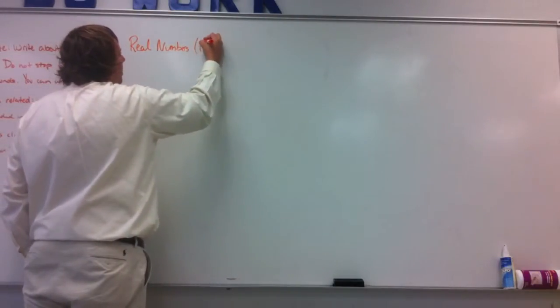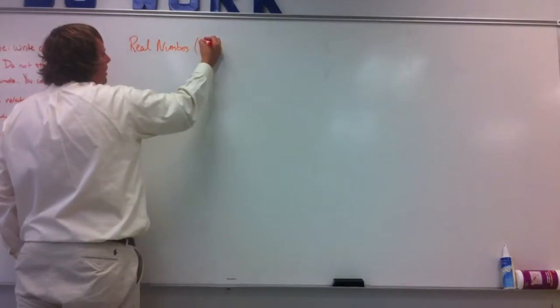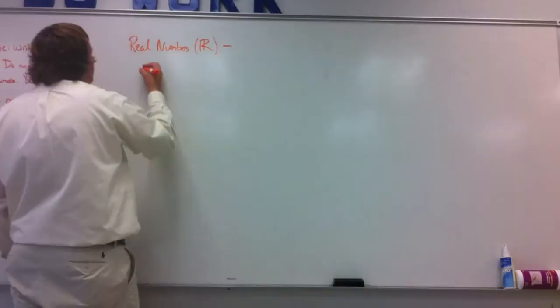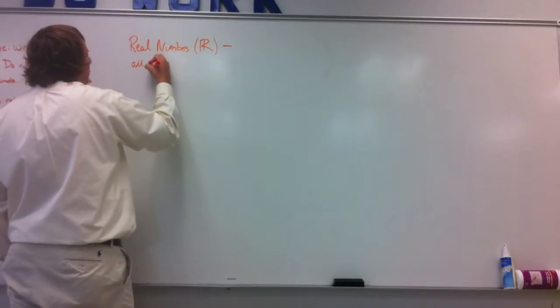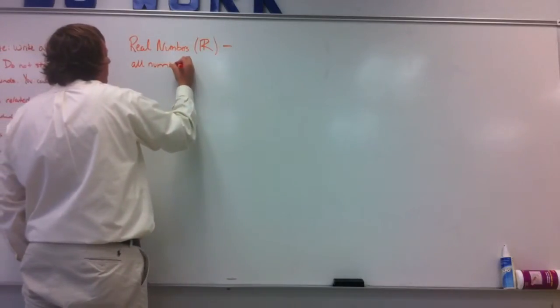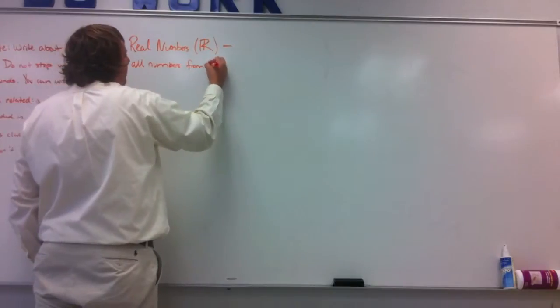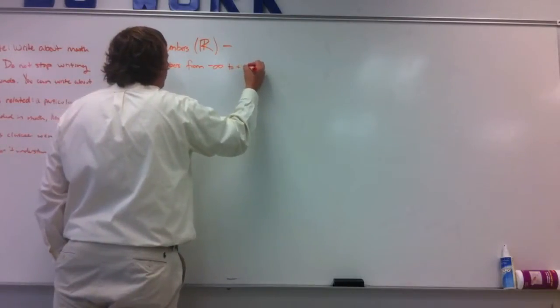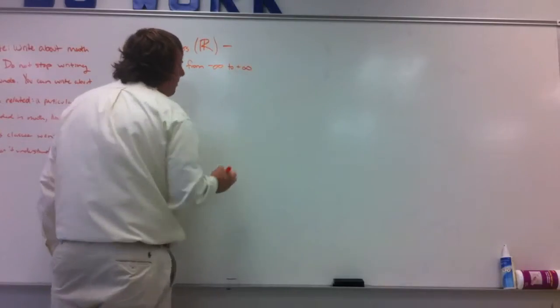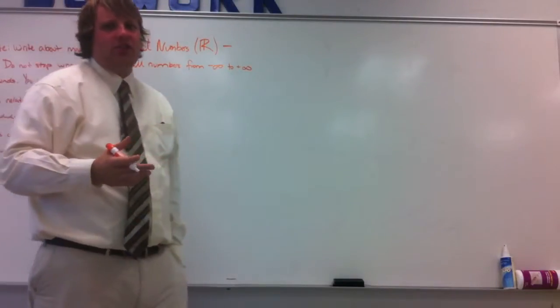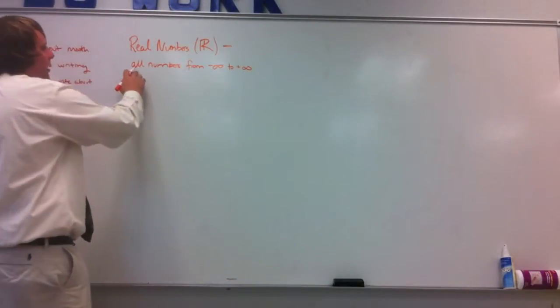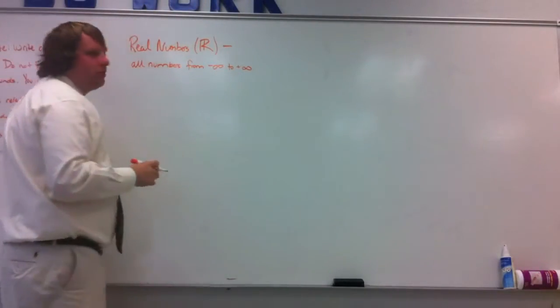Which is denoted by this funky looking R that has kind of two posts on it. Okay? And real numbers are essentially all numbers from negative infinity to positive infinity. Okay? That's not the greatest definition in the world. There are much more complex definitions that state what a real number is.